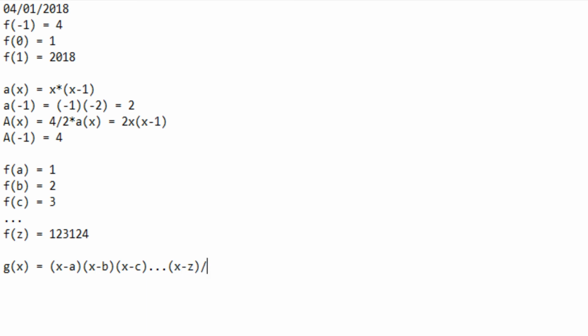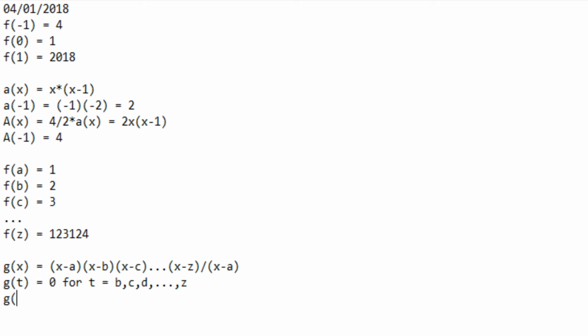And now you divide by x minus a, and that means that g of t equals 0 for t equals b, c, d, all the way up to z.